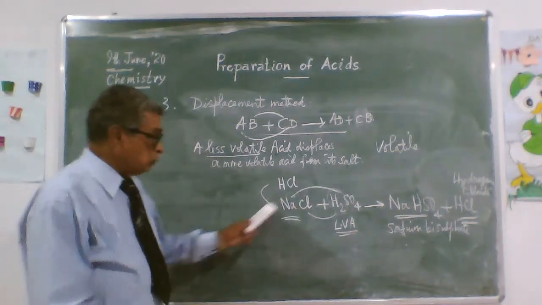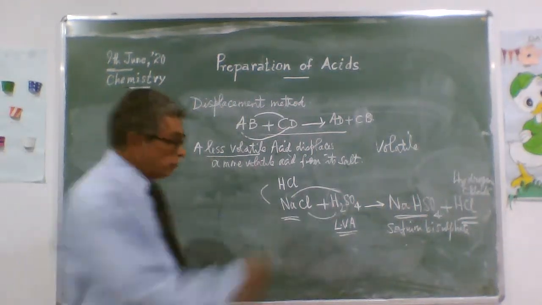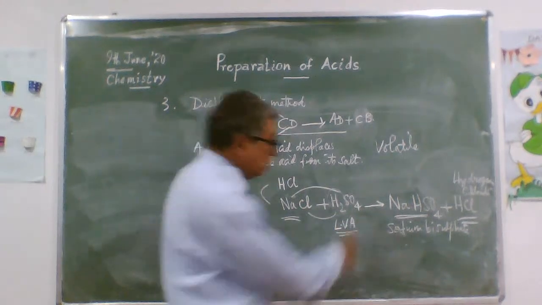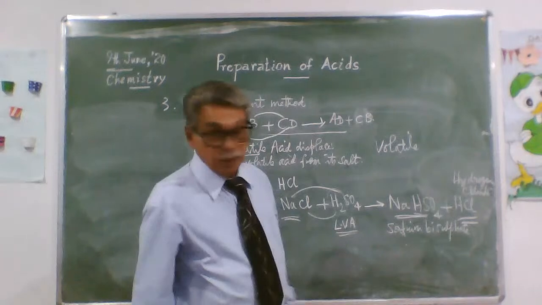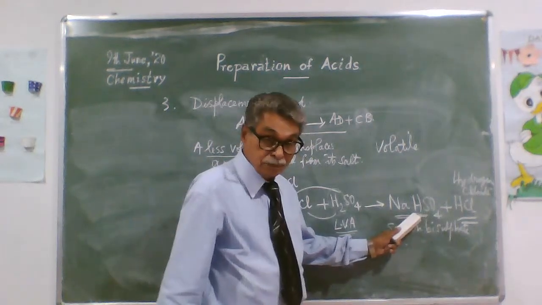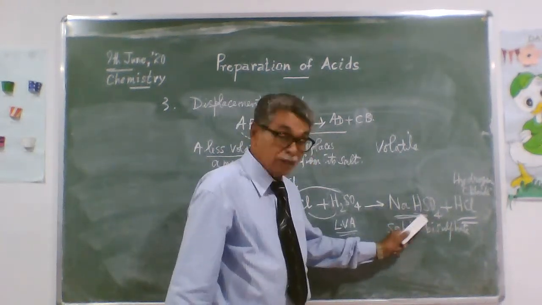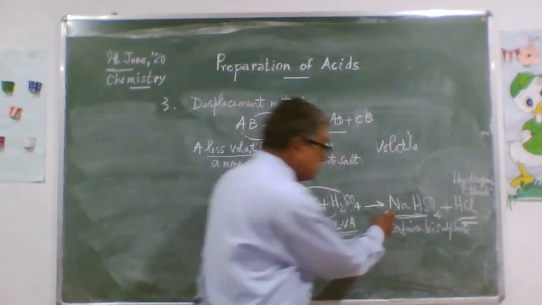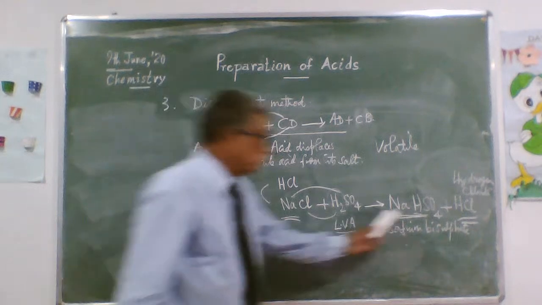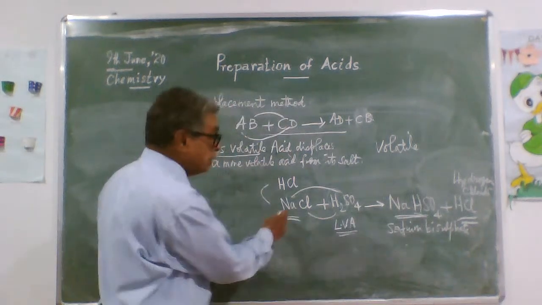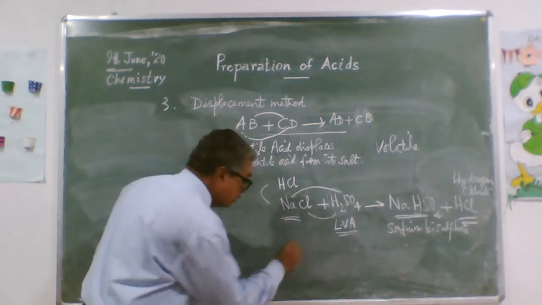The other day when I told you about acids, I told you the reaction takes place in two stages because the sodium bisulfate, NaHSO4, also has some hydrogen and therefore behaves like an acid, though it is a salt. NaHSO4 will combine with another quantity of NaCl.